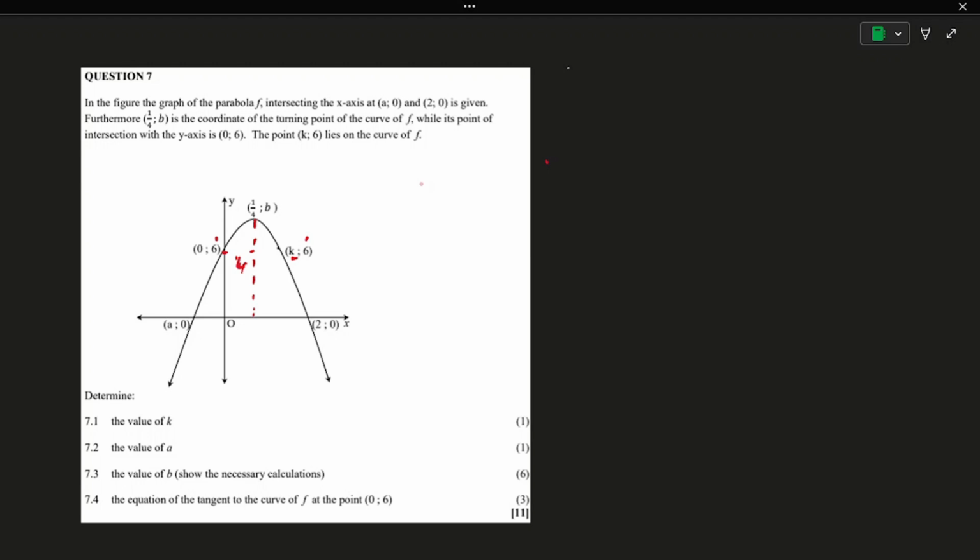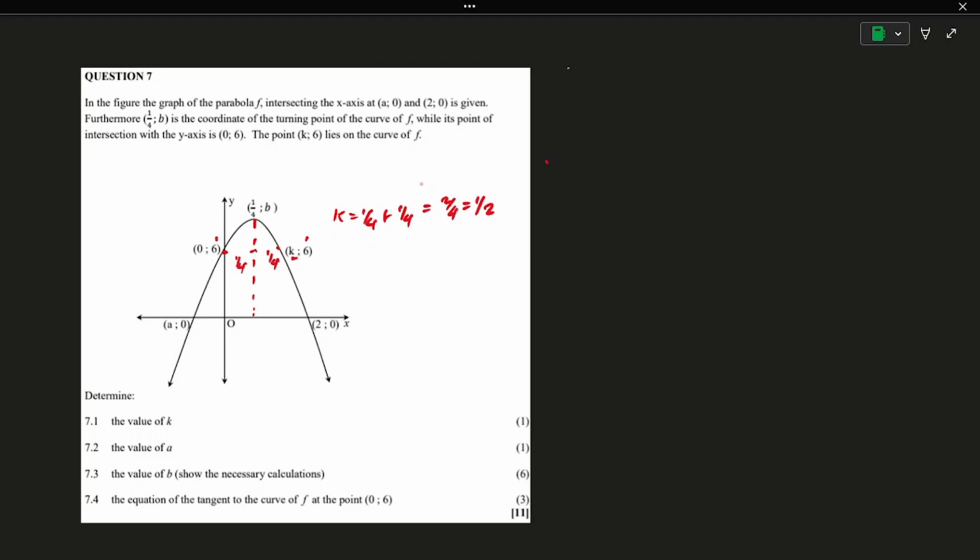If the distance from this point to the center is 1/4 units, the distance from the center to k should also be 1/4 units, because we just established that they mirror each other, right? So k should just be 1/4 plus 1/4, which is 2/4, which is 1/2.